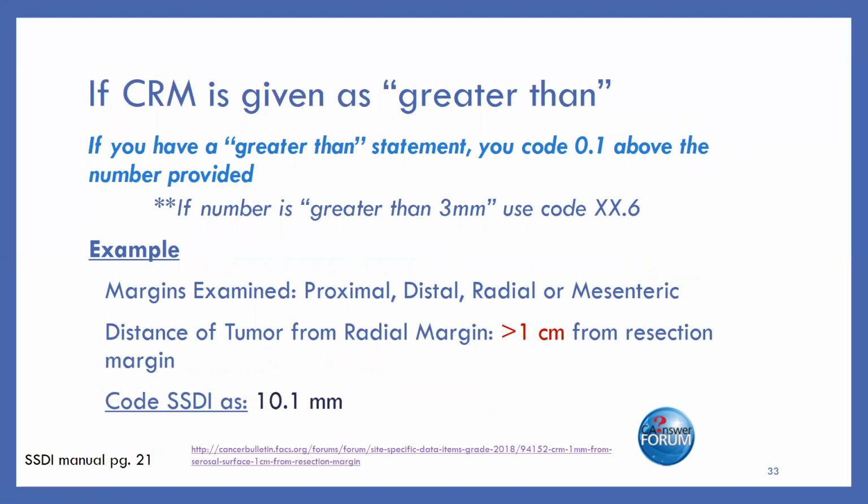Remember, code XX.6 is actually if it's stated greater than 3 millimeters, so that doesn't apply here. In the example below, if it says it's greater than 1 centimeter, that's when you're going to use this rule to go up 0.1 and code it 10.1 millimeters. Because 1 centimeter is 10 millimeters, and it says greater than, we'll go up to 10.1 millimeters.